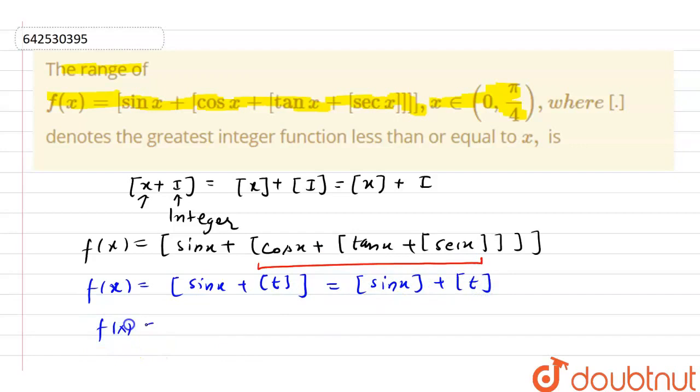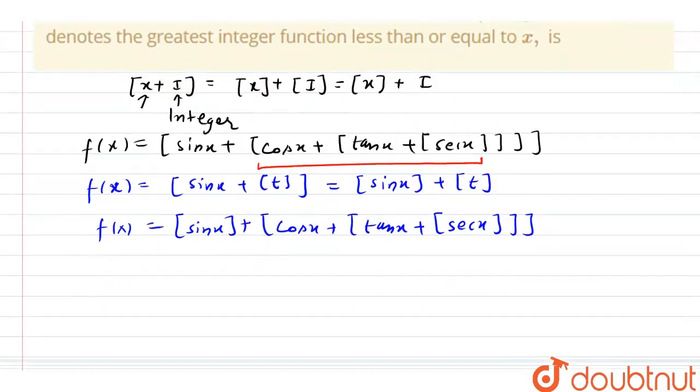Now what is my t here? My t is greatest integer of cos x plus greatest integer of tan x plus greatest integer of sec x and whole greatest integer, right?